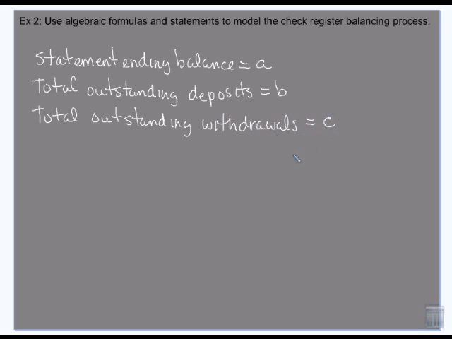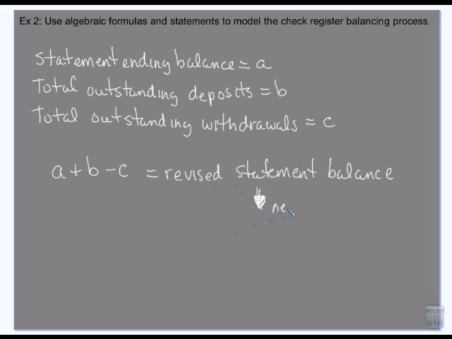I'll call that C. Okay. A plus B minus C will give me my revised statement balance. And then this needs to match the check register balance.